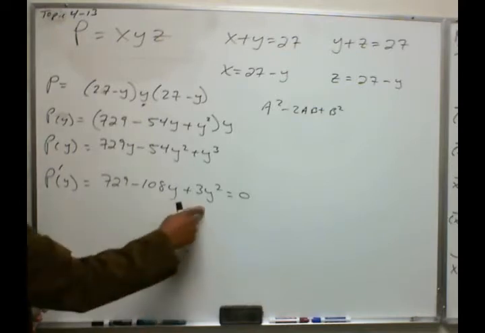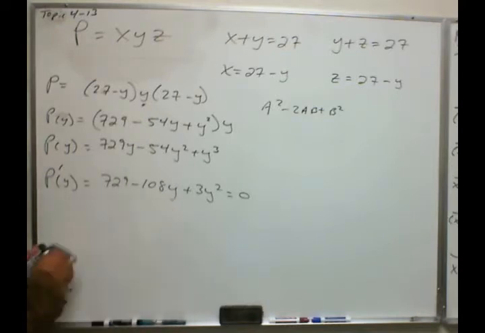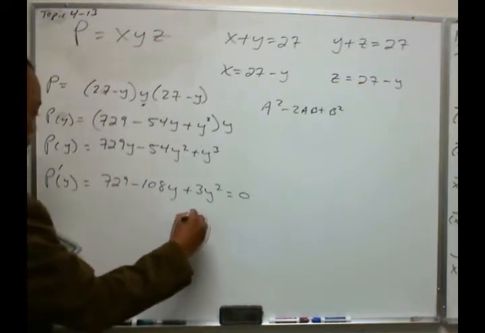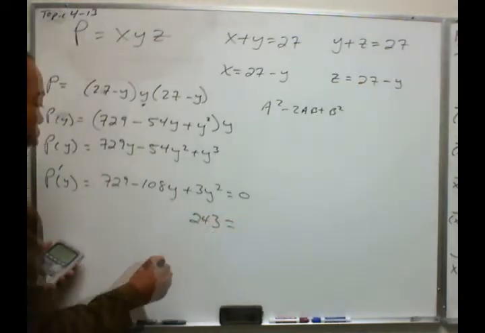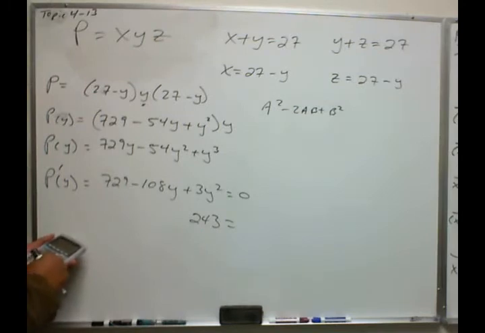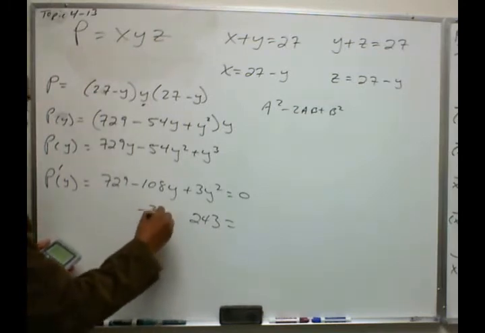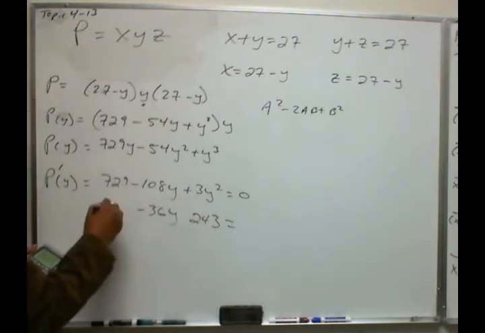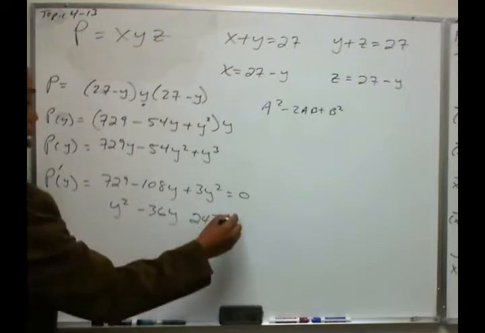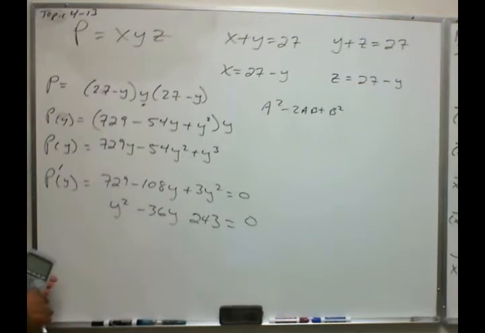So let me try dividing each of these by 3 and see if this simplifies. So 729 divided by 3, okay, that comes out to be 243. 108 divided by 3 gives me negative 36y, and then this divided by 3 gives me y squared. All this is set equal to 0.